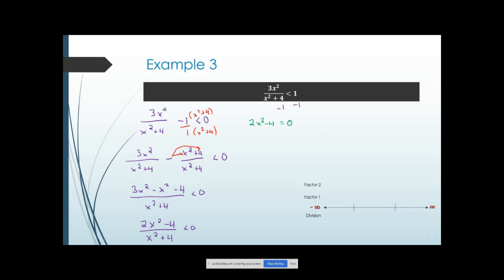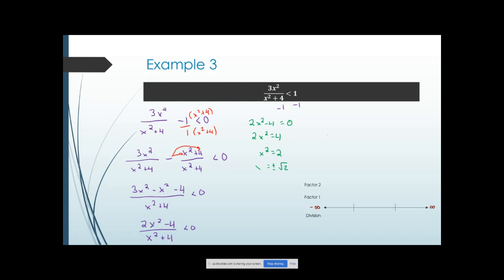So we can add 4 to both sides: 2x squared equals 4. I divide both sides by 2, which gives me x squared equals 2. And then I take the square root. So x is plus or minus the square root of 2.